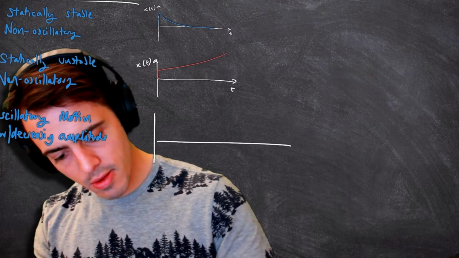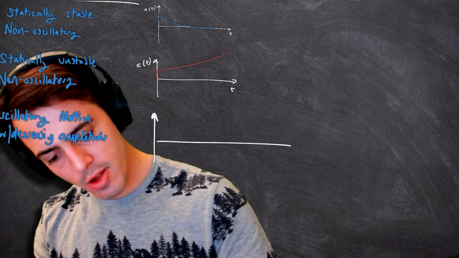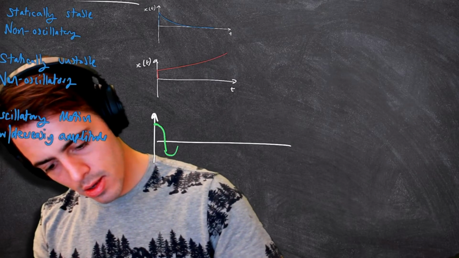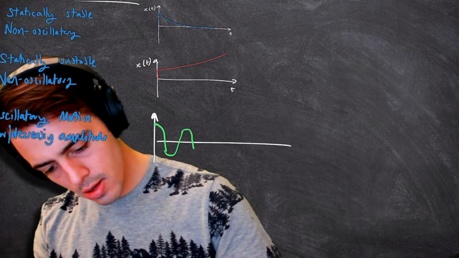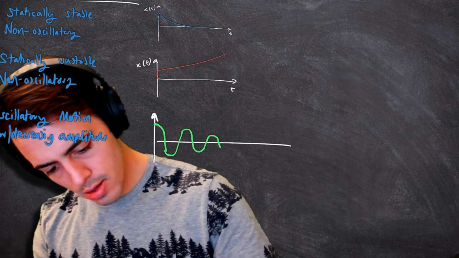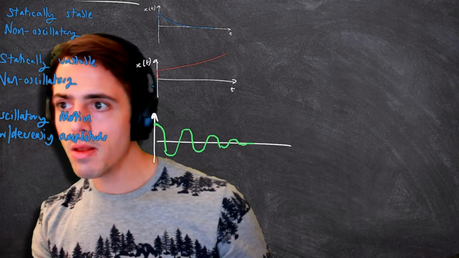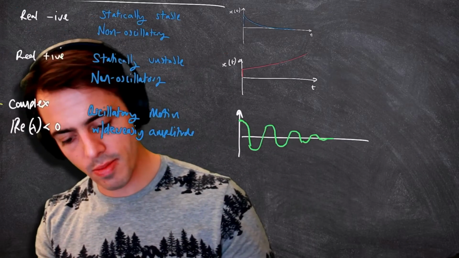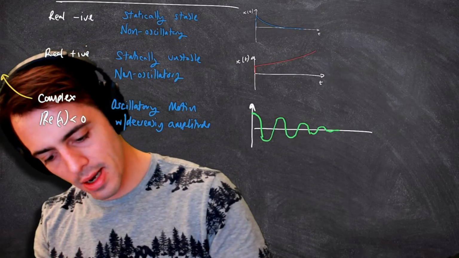Again, similar system. Oscillatory motion with a decreasing amplitude after an initial disturbance. There we go. We see this exponential decay in terms of this response. So we've got dynamic stability.